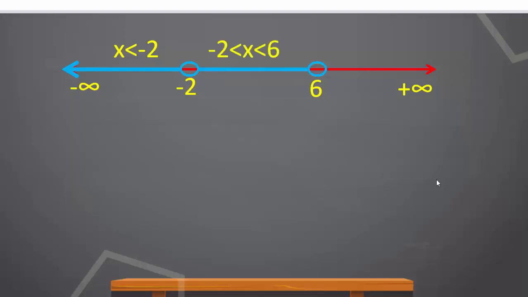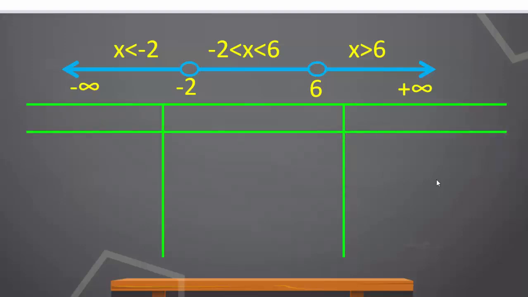We have the second test interval, x is greater than negative 2 but lesser than positive 6. All values of x between negative 2 and positive 6. And we have the third test interval, x is greater than 6. All possible values of x greater than positive 6. Then, we have to select a particular value in each test interval in order to determine which test interval describes the solutions of the quadratic inequality.